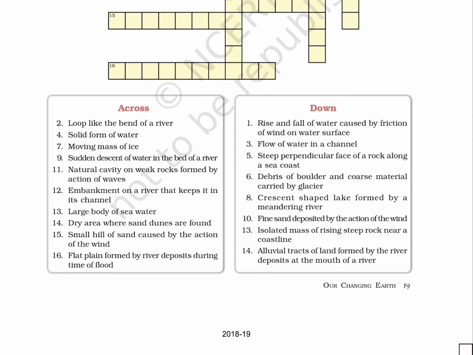Crescent-shaped lake formed by a meandering river. 10. Fine sand deposited by the action of the wind. 13. Isolated mass of rising steep rock near a coastline. 14. Alluvial tracts of land formed by the river deposits at the mouth of a river.